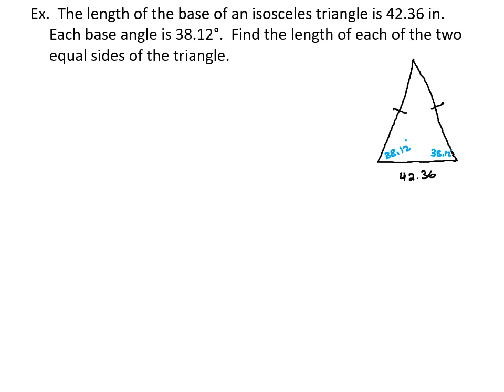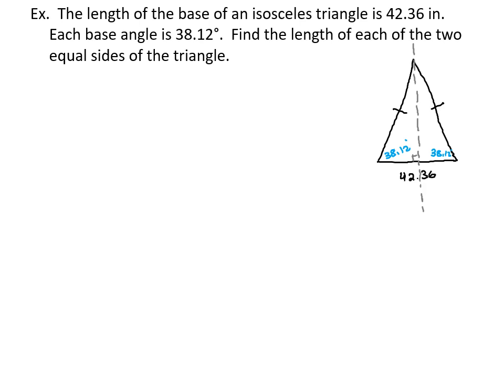Now, we don't know a whole lot about how to work with isosceles triangles at the moment, but we know a lot about right triangles. So what I'm going to do is take this isosceles triangle and cut it right down the middle to make two right triangles, where now I have a base angle, the 38.12. I know that angle.